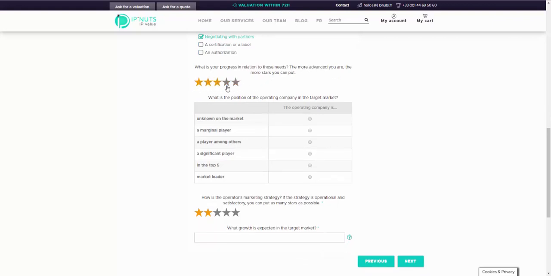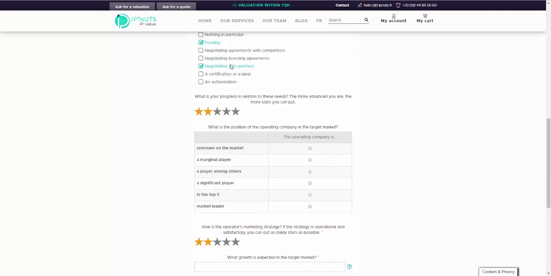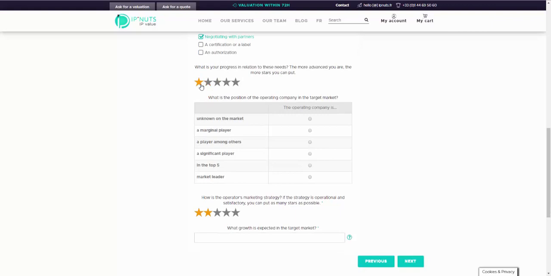So if you are almost done with all these needs, you can select all the 5 stars or maybe 4. And if you are far from the end of the completion of your needs, you can be lower, following that you are maybe 10%, 20%, 50% of the way to go to the market.